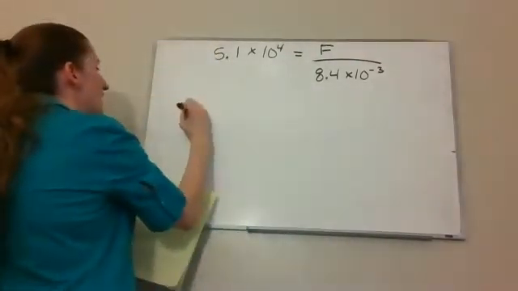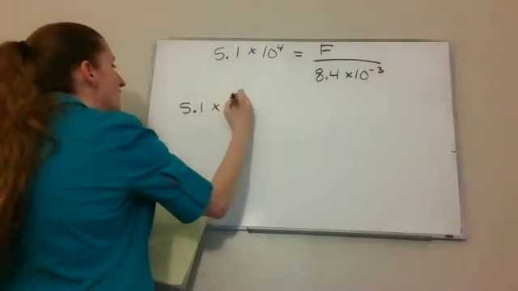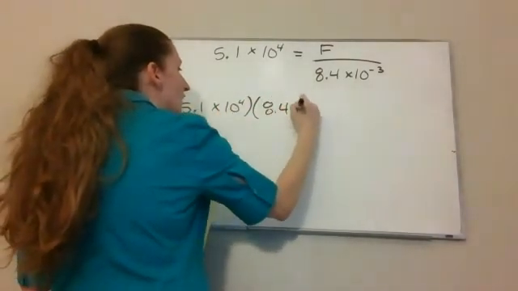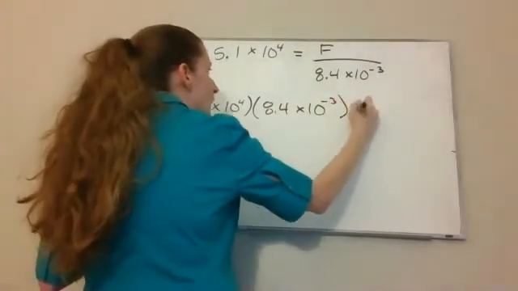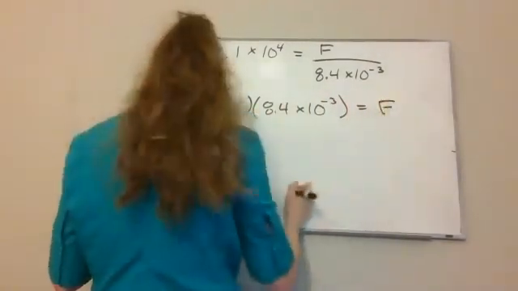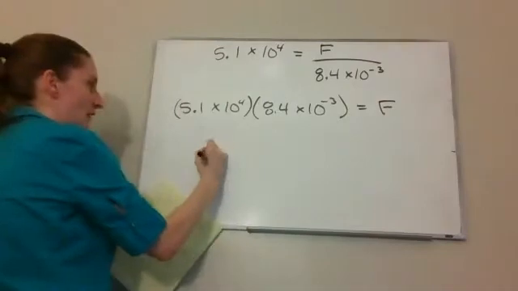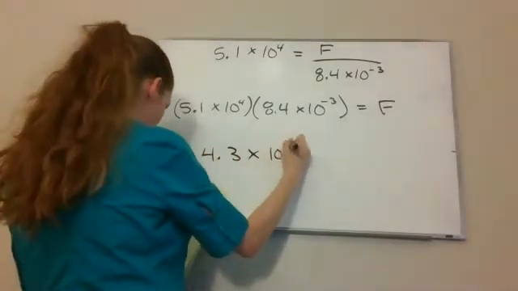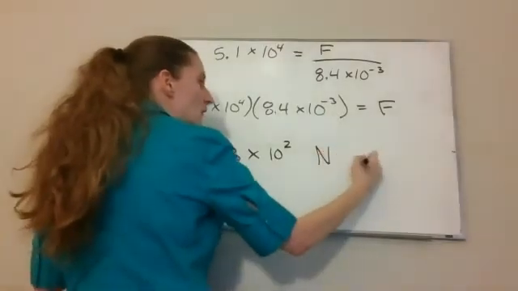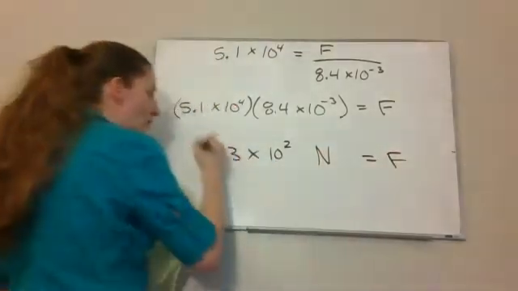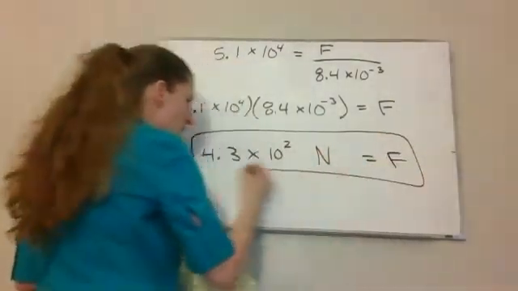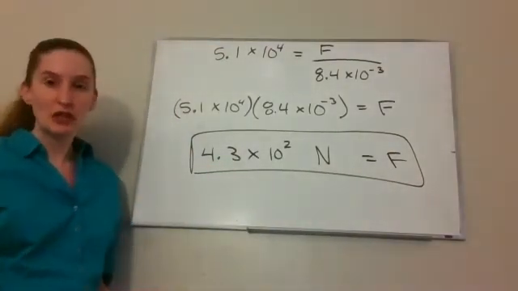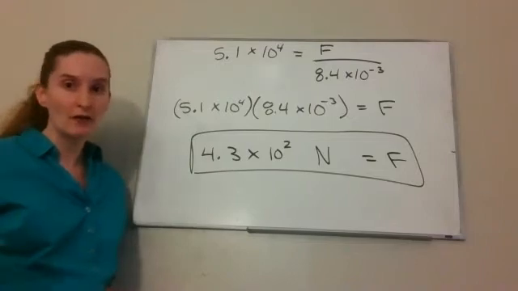So I get 5.1 times 10 to the fourth times 8.4 times 10 to the negative third is equal to my force, and this is 4.3 times 10 to the second power newtons. That is my force. So this problem was just a straight manipulation of the pressure equals force divided by area formula.